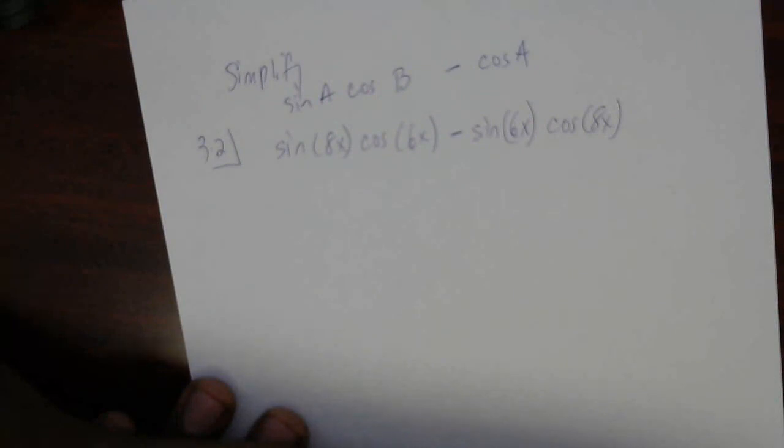The sine of 8x times the cosine of 6x minus the sine of 6x times the cosine of 8x.